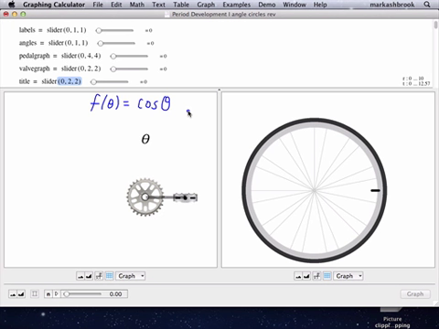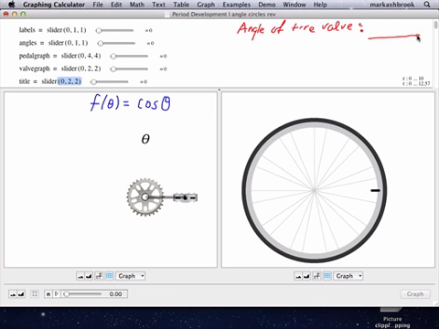Write an expression to find the angle's rotation of the tire in terms of the rotation of the pedal. So we want the angle of the tire valve. But that's going to be in terms of this angle theta. So what expression using theta would give us the tire valve angle?